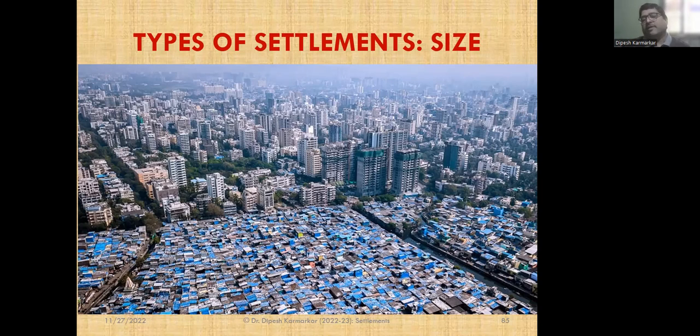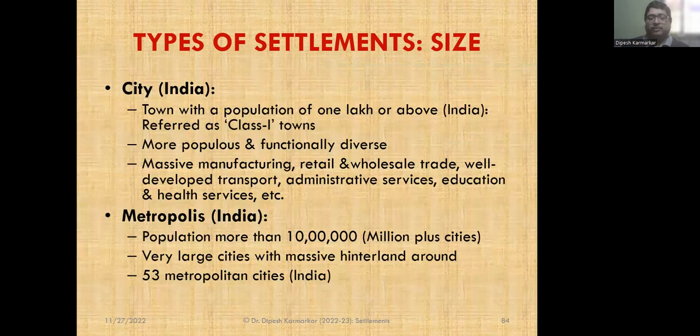On one side you find skyscrapers, tall buildings, huge residential complexes and manufacturing industries, and we also find large scale slumming of the settlement. In this image, you can see a huge area covered by slums, but in the background of the photograph, you can also see that the city has very tall buildings and very dense construction. So this unevenness is a very typical aspect of a metropolis.